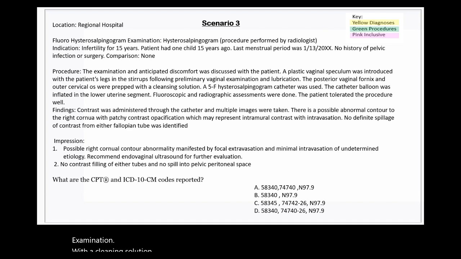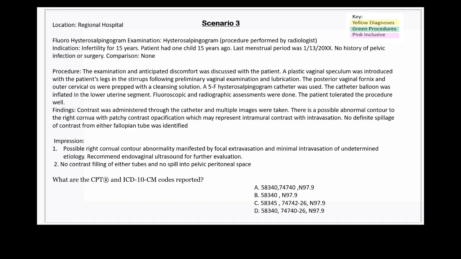A 5F hysterosalpingogram catheter was used. The catheter balloon was inflated in the lower uterine segment. Fluoroscopic and radiographic assessments were done. The patient tolerated the procedure well.